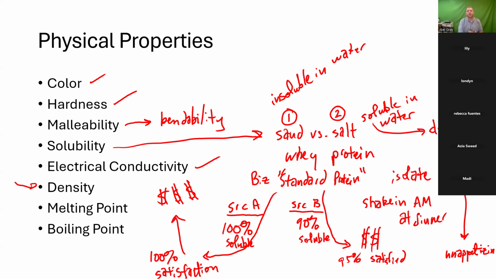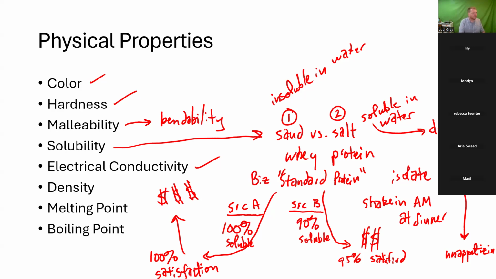If something does not dissolve in water, that is an insoluble substance. Now, this isn't to say that soluble is good and insoluble is bad. In certain cases, soluble is good and insoluble can be bad. In other instances, insoluble can be great and soluble might be bad.